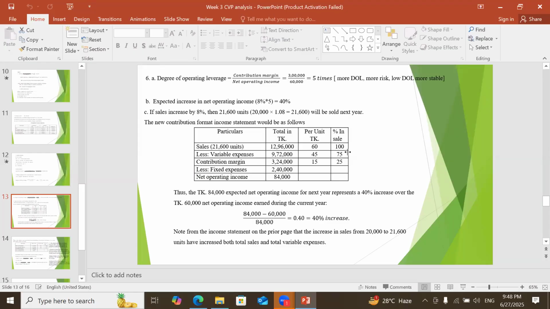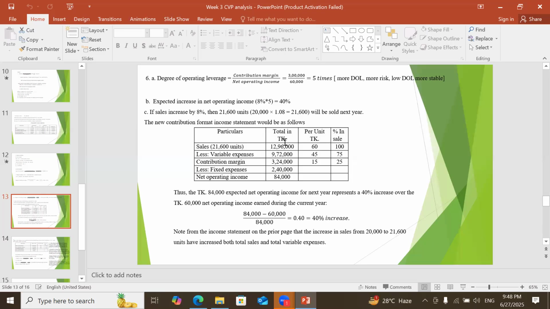And at primary stage no sales, so sales is 100%. Less variable expense, you have to try to find out the variable expense. How we can find out a variable expense is just I tried to discuss in the before class.